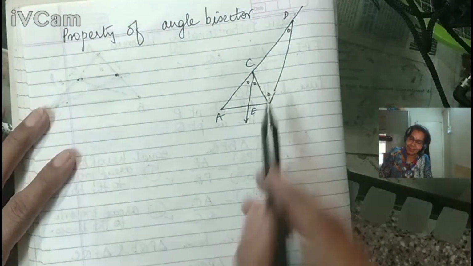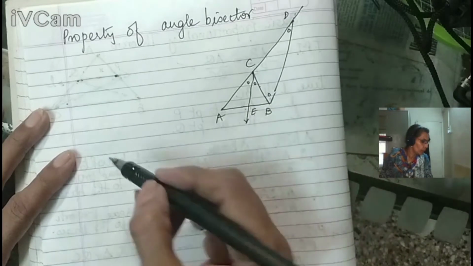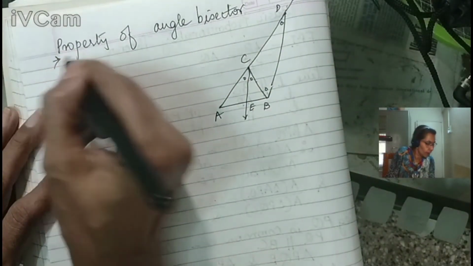This is an extension which we have drawn to get to the point. Let us write the theorem.